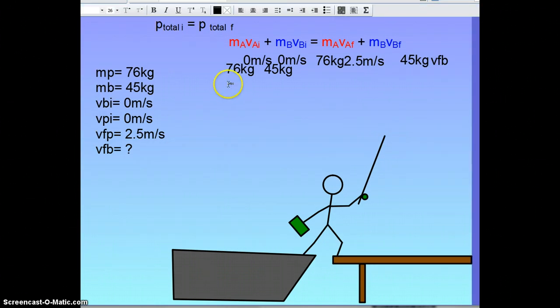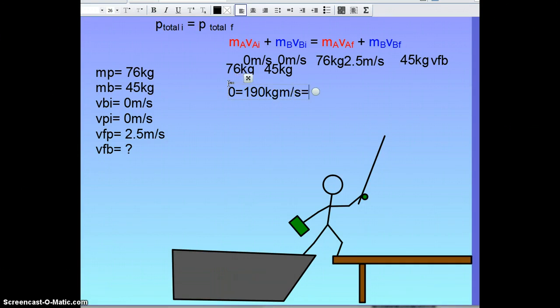So when we start solving this, we're going to say 0 equals, let's do this, 76, you should be calculating this with me. I mean, you shouldn't be listening to me talk, you should be doing the work. 76 times 0.25, do you have it yet? Do you have it? I got 190. 190 kilogram meters per second.